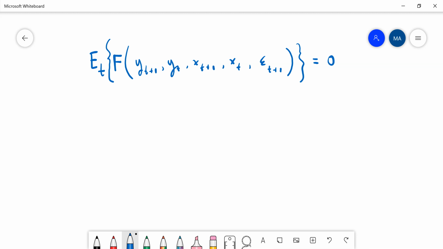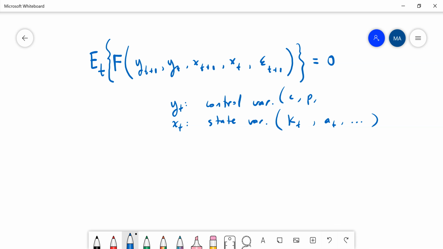Now here, what you see is this. So your Y_t are called control variables. There are many here. Your X_t are called state variables. So in our examples, we have K_t for the firm, A_t for the household, etc. Okay, and these are consumptions, prices, and other stuff. Okay, L, for instance.